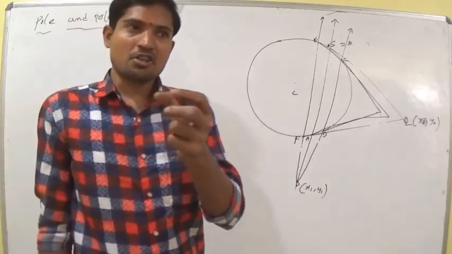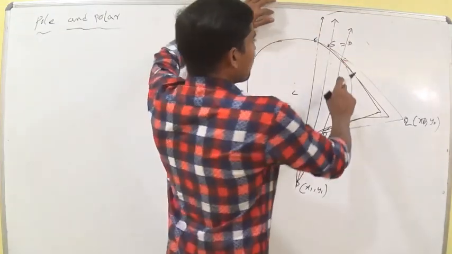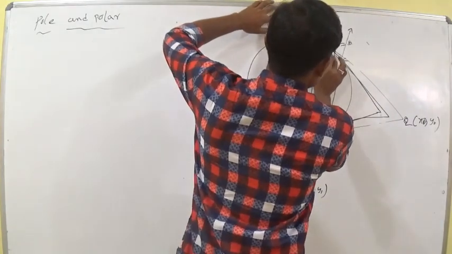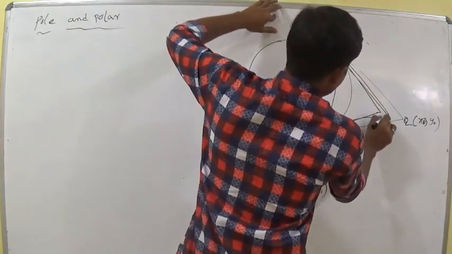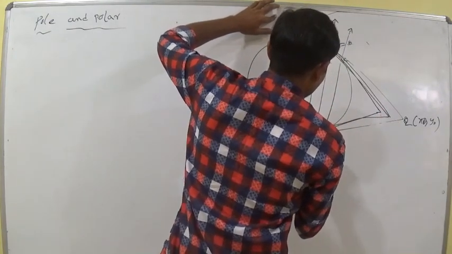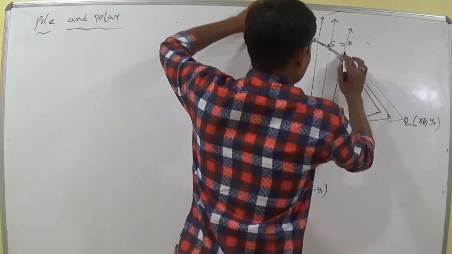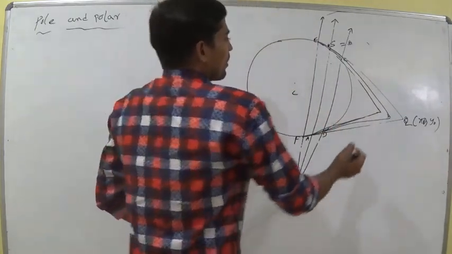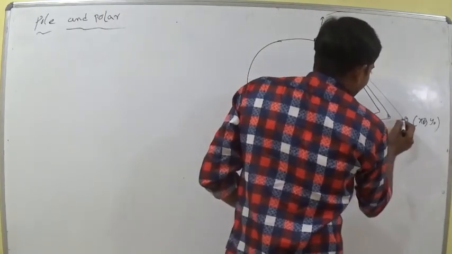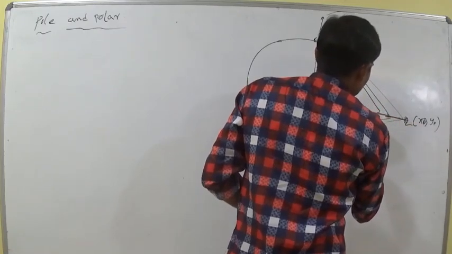These are tangents, drawn from the points of contact. It does not meet a circle. See, draw a line through the intersecting points.